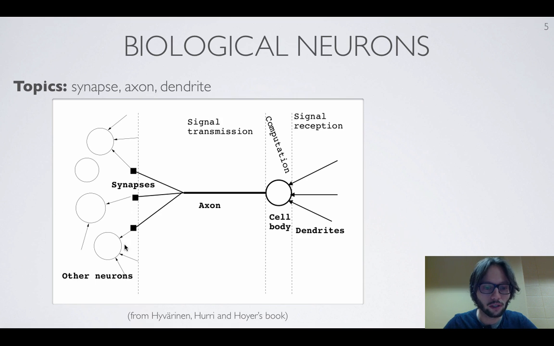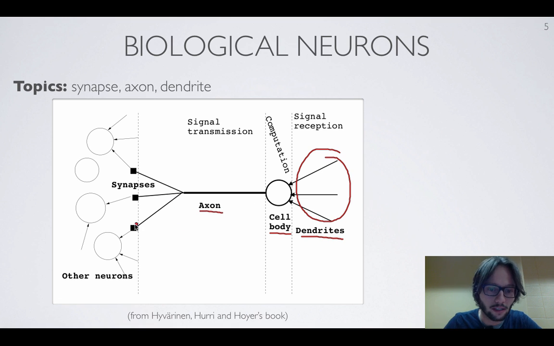So here's a cartoon illustration of all of these different terms. For a given neuron, it has some dendrites. So these are these arrows here. And this is how information is being sent into the cell body or the soma of the neuron. Then there's some chemical activity that happens here. And the result of this chemical activity is an electrical signal that is sent through an axon.